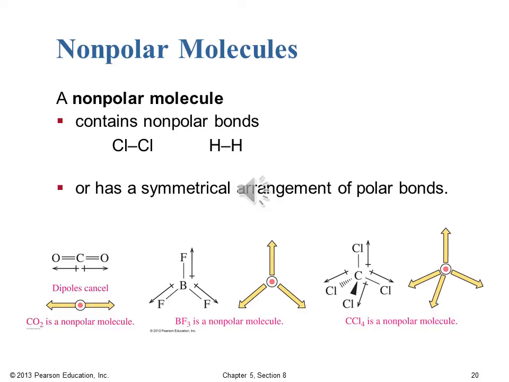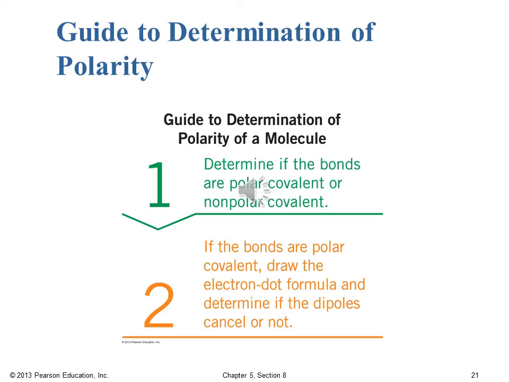But that's the sort of thing we're looking at here, is the vector sum would be a net zero cancellation. Finally, the CCl4 molecule is also nonpolar because you've got all those CCl polar bonds being canceled by equal and opposite dipole moments.